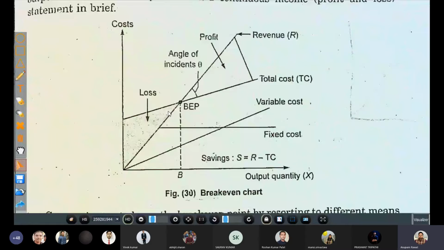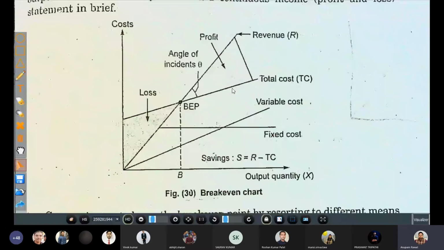Now the revenue. If you produce zero products, you sell nothing, and there is no profit. If you produce two products, some revenue is generated, but it will be less than the cost. It increases as the number of products you produce and sell increases. There is a point known as the break-even point, where the total cost and total revenue cross each other.